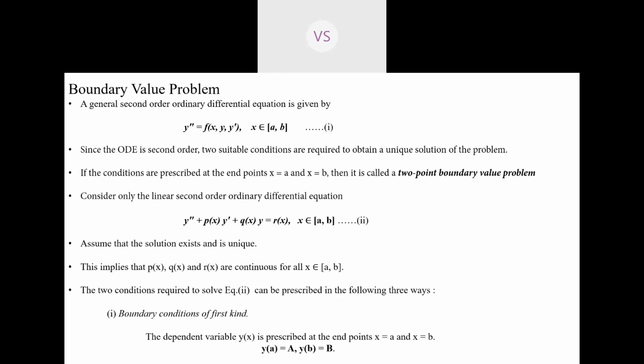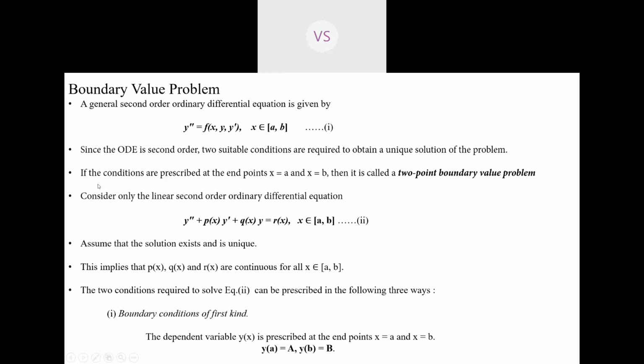So since the equation is second order, two suitable conditions are required to obtain a unique solution of the problem. You know what a unique solution is? So to obtain a unique solution you require two suitable conditions when the order is second order.